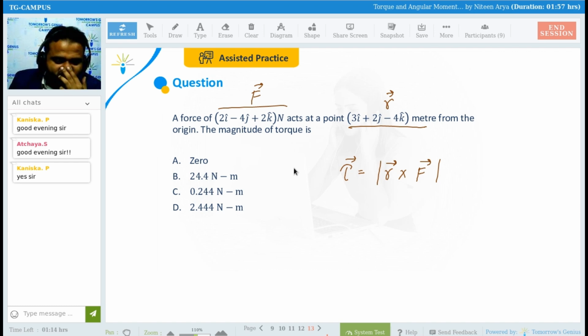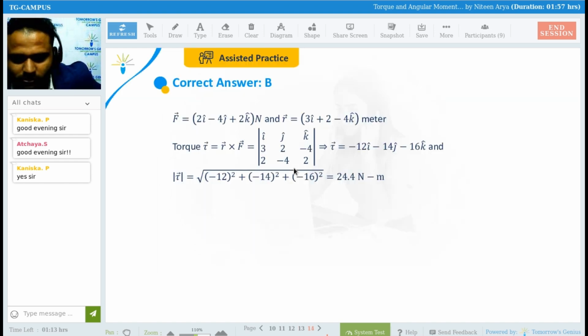Mukeshwaram, B. B. Everyone got B or not?